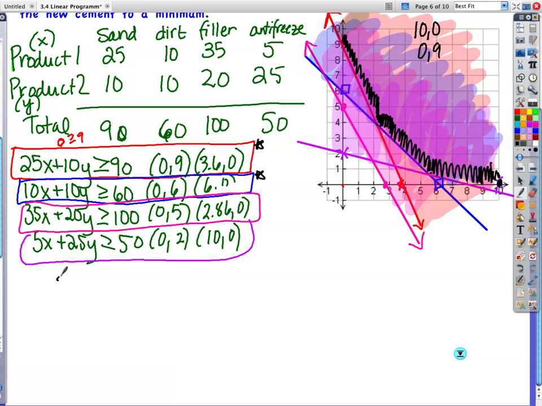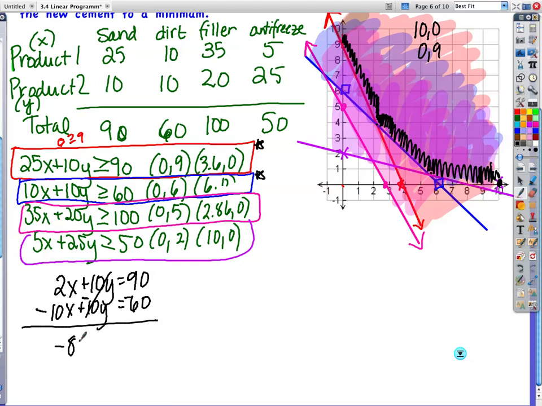So in other words, when does 25x plus 10y equal 90, the same as 10x plus 10y equal 60? Well, the cool thing is I can eliminate the y's really easily by just switching my signs. These are going to cancel out. It's the whole idea of elimination. 2x minus 10x is negative 8x, and 90 minus 60 is 30.